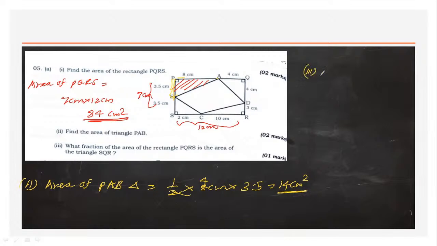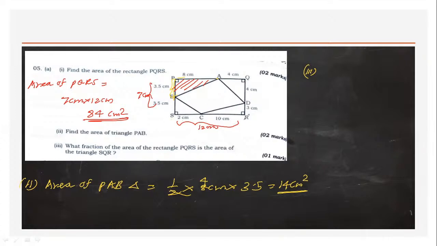What fraction of the area of the rectangle PQRS is the area of the triangle SQR? S is here.